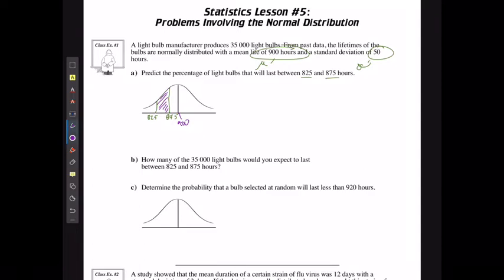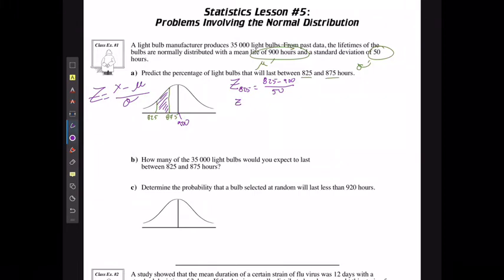So the z-score at 825 is going to equal, well, my z-score was always x minus mu divided by sigma, which means in this case I'm looking for 825 minus 900 divided by 50.